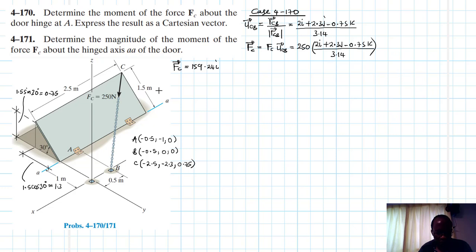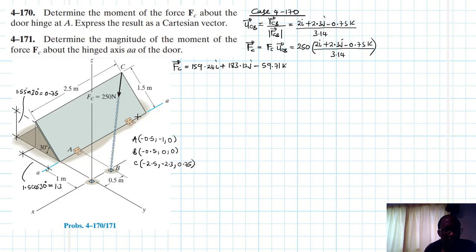Then 250 times 2.3 divided by 3.14 is a plus 183.12j, minus 250 times 0.75 divided by 3.14, which becomes 59.71k. Great. So this is our force.